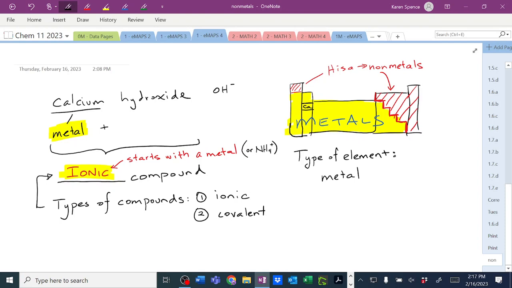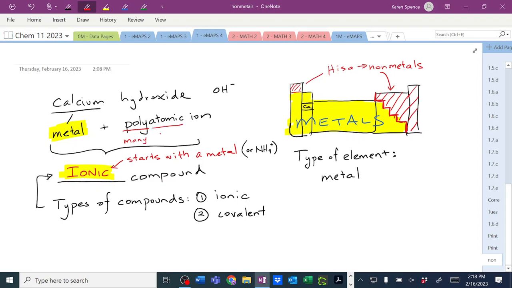And that is made of two different elements. So it is called a polyatomic ion. Poly means many.